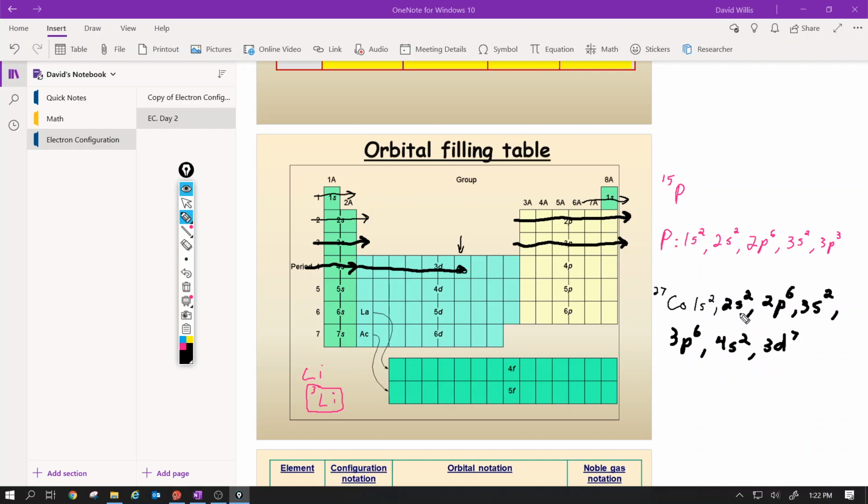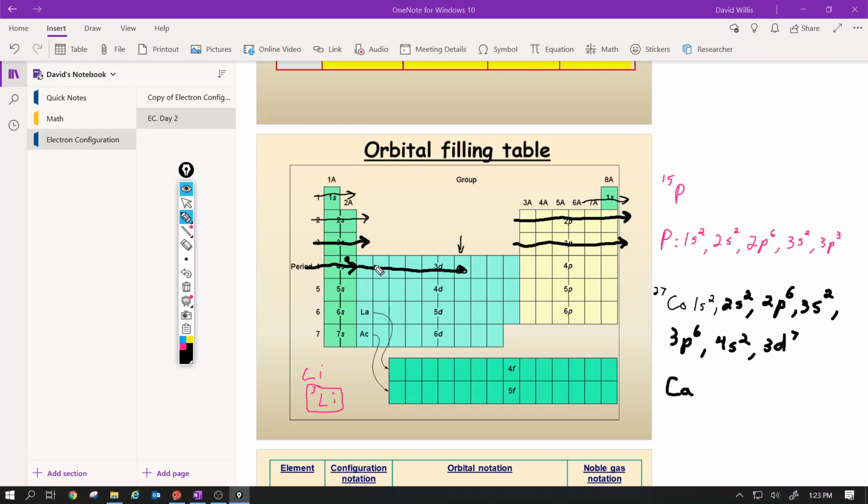First of all, we're going to save cobalt and go on to calcium. So what if we look at calcium? It would be the same as what we had up here, all the way down to, let me backtrack, calcium is right there.